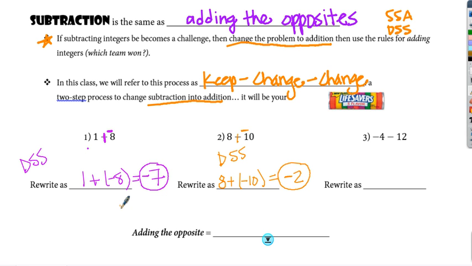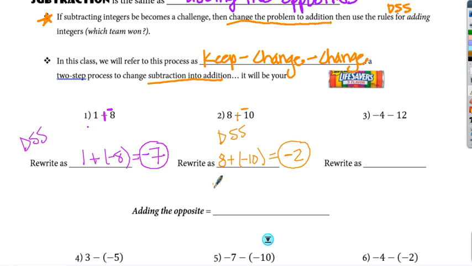So it's a little bit of work to start, but then we get right into what we were doing when adding integers. So we're basically adding integers, but it just takes the keep, change process to change it from a subtraction to an addition problem. Now, let's look at the bottom part here. So it's going to be extra bonus points if you can tell me this next time.